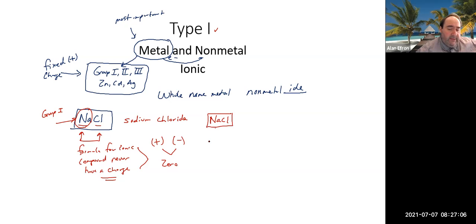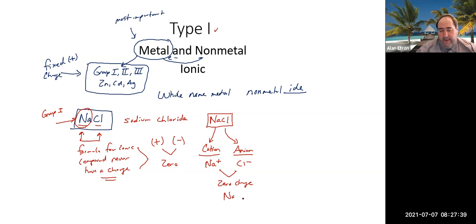Sodium chloride is made up of a cation, which is sodium with a +1 charge, and an anion, which is Cl with a -1 charge. Our +1 and -1 give us an overall charge of 0 when we put them together, and we get our NaCl.